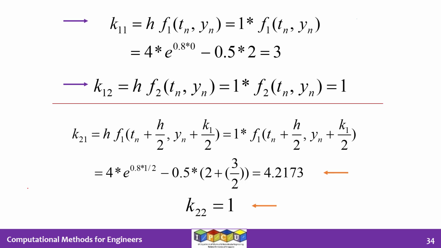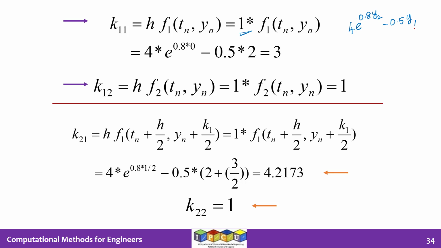So K1 for y1 is going to be h multiplied by f1 evaluated at tn, yn. h is 1 and f1 is 4 e to the power of 0.8 times y2 minus 0.5 y1.